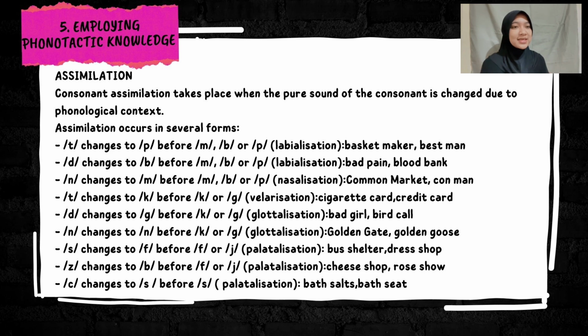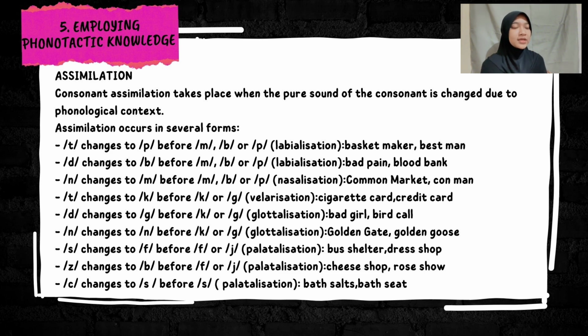Second one is D changes to B before M, B, or P. It's still called labialization. For example, bad pain and blood bank becomes ba[b] pain and bloo[b] bank. And the third one is N changes to M before M, B, or P. It's called nasalization.